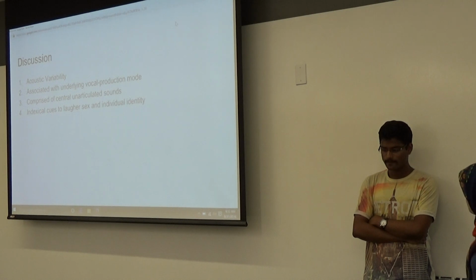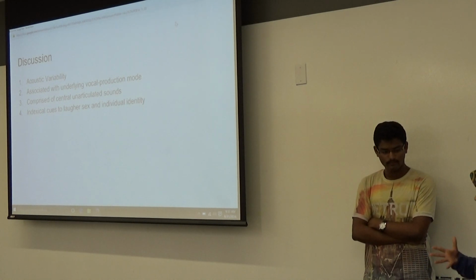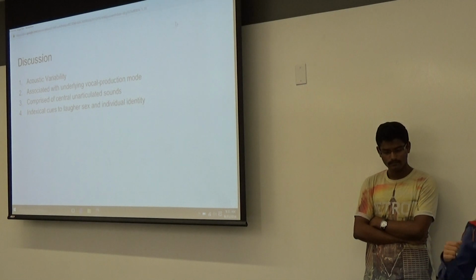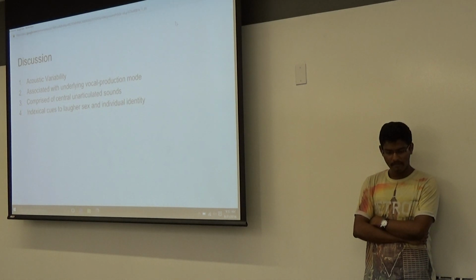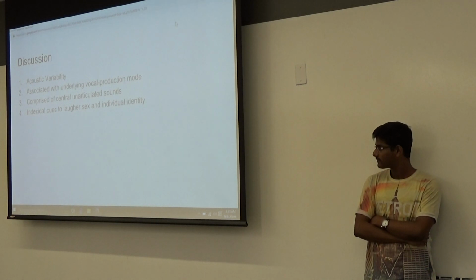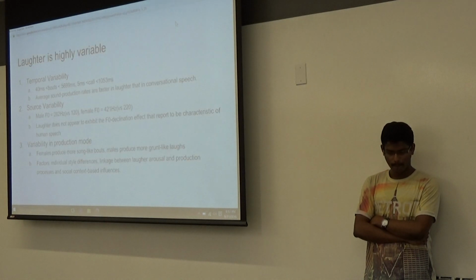So let's go to the discussion real quick. They say that there is acoustic variability, and this variability is associated with the underlying vocal production mode. As I said, it includes the central unarticulated sounds, and there are some cues for classification based on sex and individual identity.